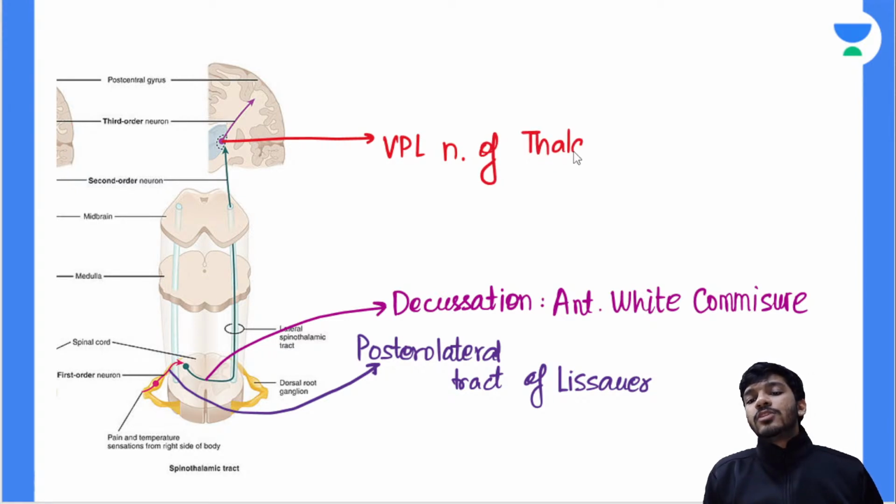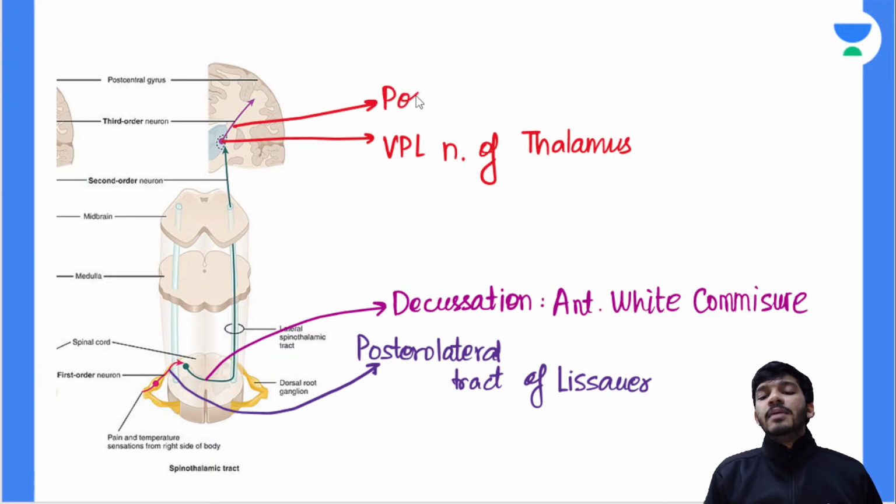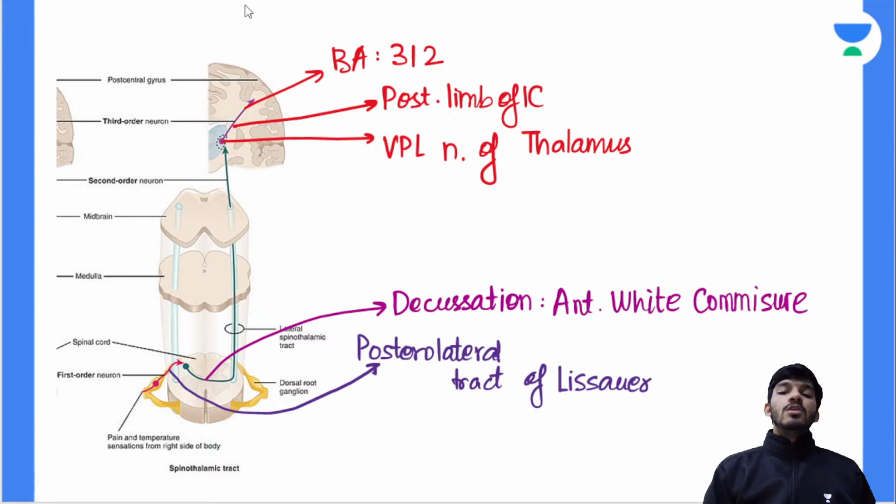Okay, it has already undergone crossing over, so it does not cross over in the sensory decussation, right? And then via the posterior limb of the internal capsule, you reach Brodmann's area 3, 1, 2, that is your somatosensory cortex in the postcentral gyrus. Somatosensory cortex in the postcentral gyrus. Is that clear to each and every one of you?